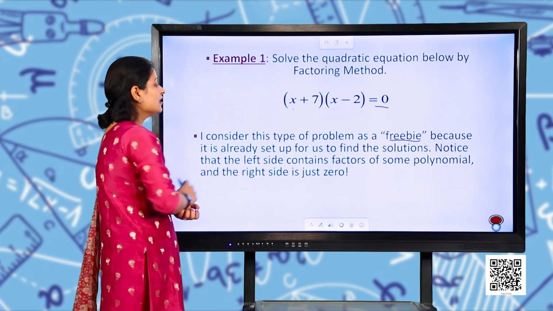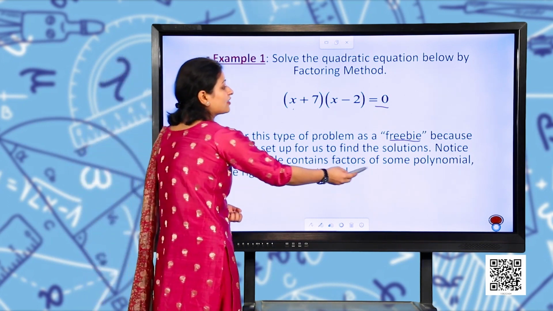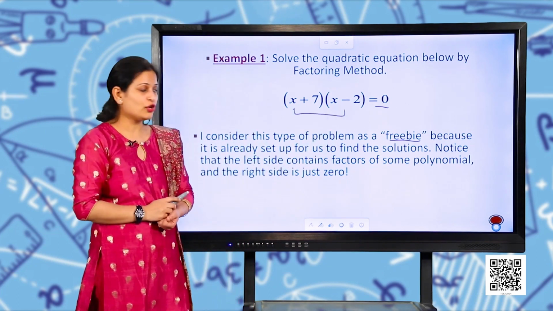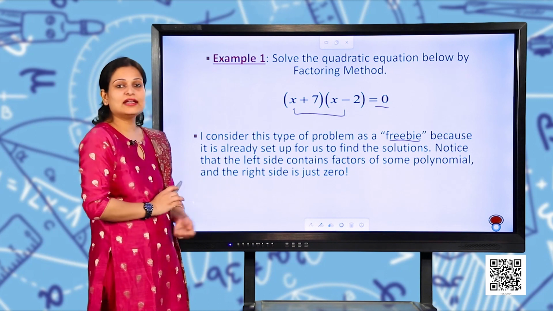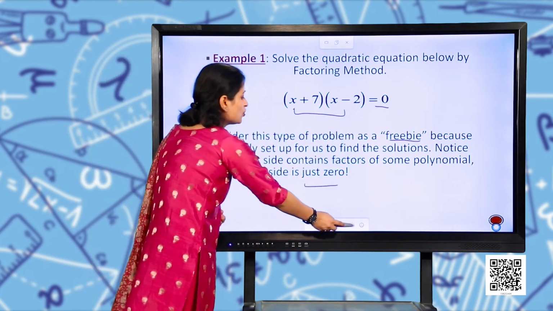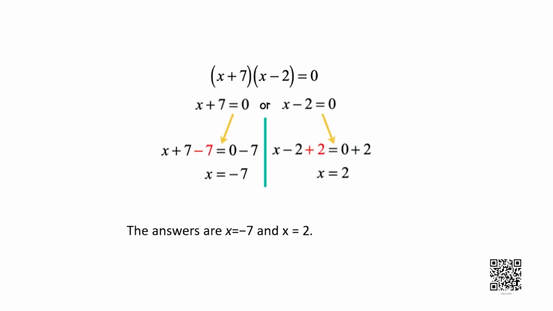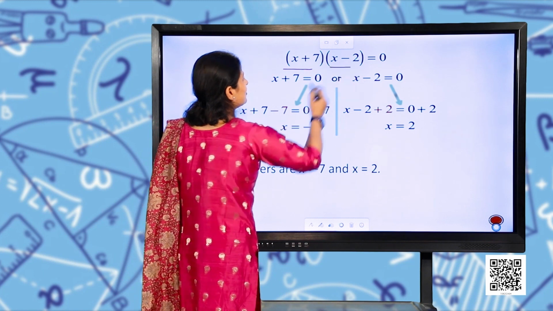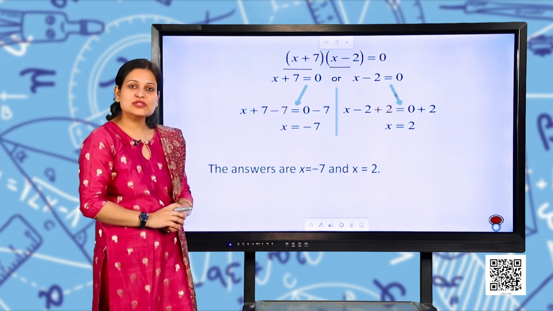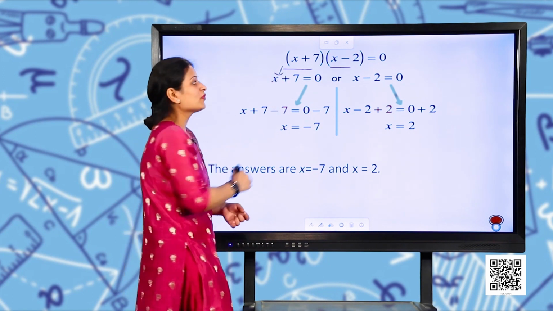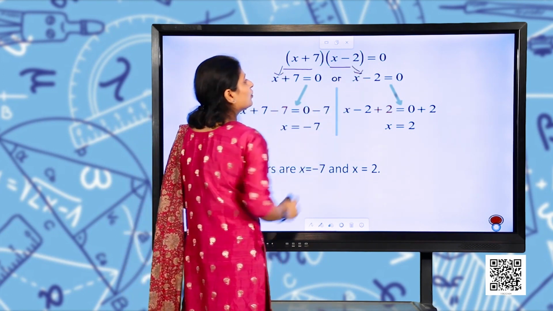So, notice that the left side contains factors of some polynomial. These two are factors of some polynomial. And the right hand side is just 0, as you can see. So, we have x plus 7 times x minus 2 equal to 0. This means x plus 7 is equal to 0 or x minus 2 is equal to 0.